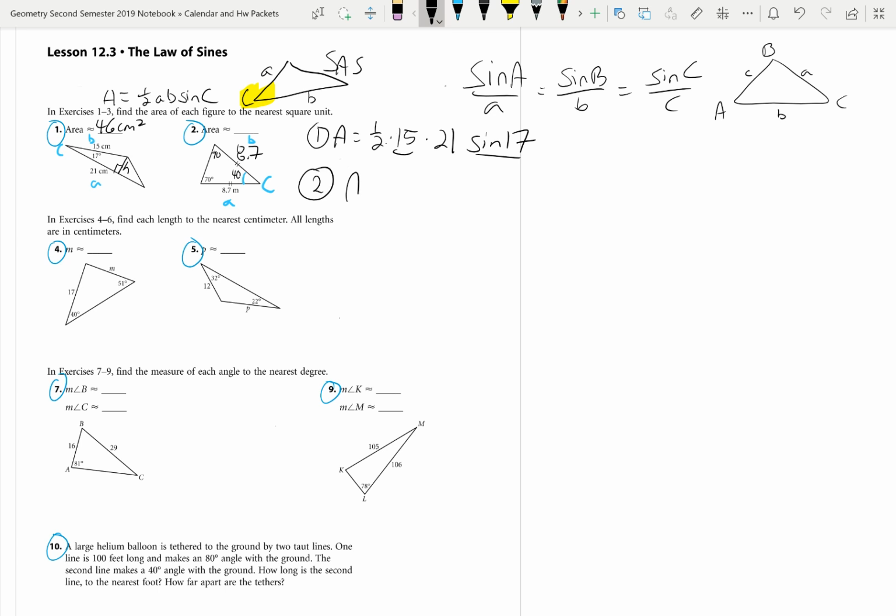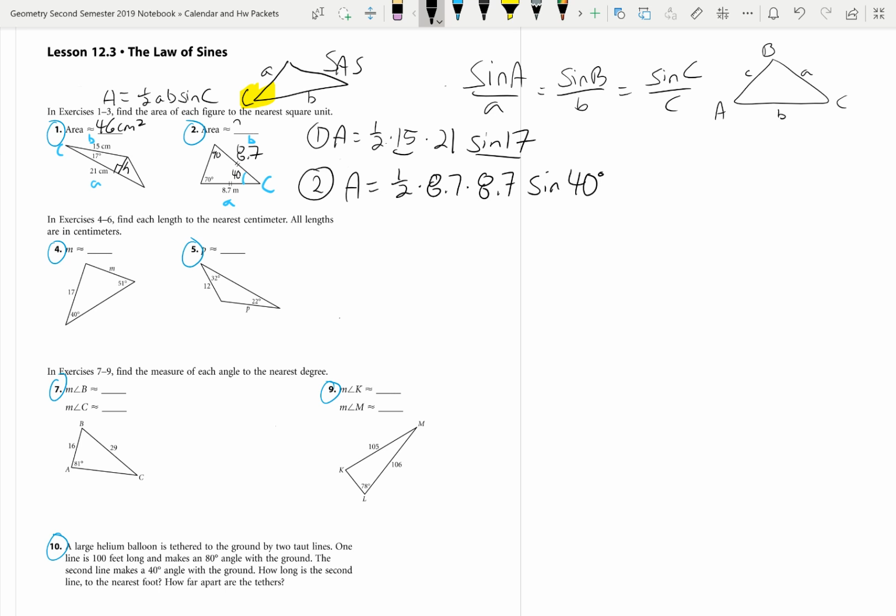So your area is equal to 1/2 times 8.7 times 8.7 times the sine of 40 degrees. When you multiply that out, you'll get about 34. I think. Hold on, I misspoke. 24.